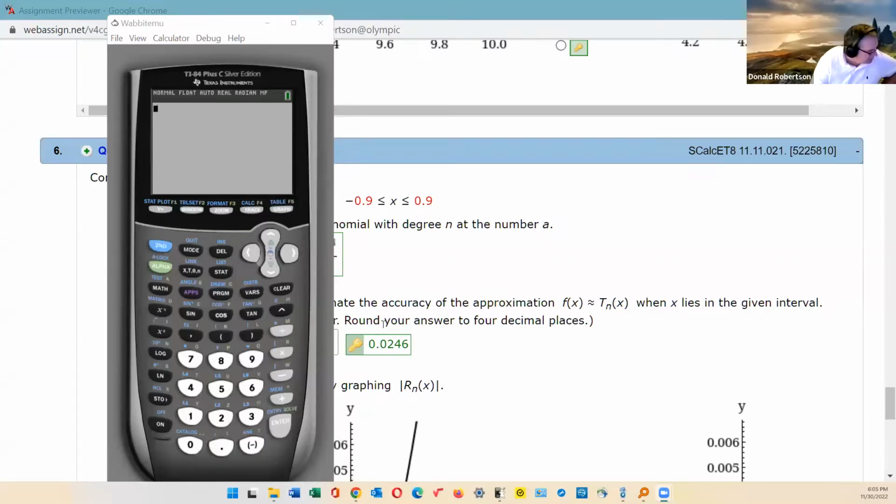Right, we have the value of the function. Let's do the 0.9 one first. So what's that going to get me? It's going to get me 0.9 times the sine of 0.9. So that's the f of x bit. Take away, inside brackets, x squared, so that's 0.9 squared.